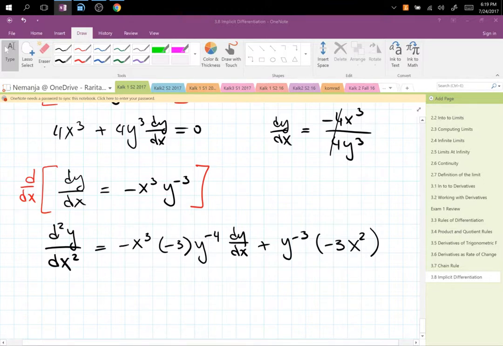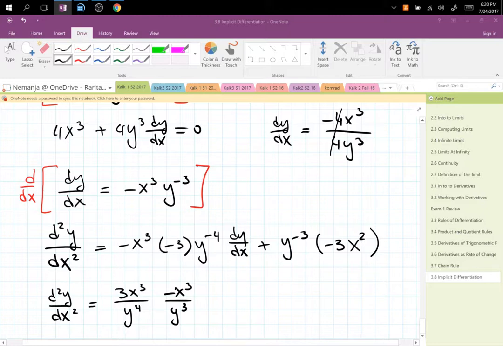So now we can put everything together. The negative exponents go down, so this is 3x cubed over y to the 4th dy/dx. Actually, we know what dy/dx is. It is negative x cubed over y cubed.